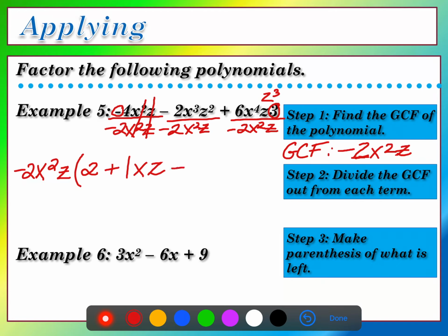Remember, I subtract, minus 3x squared z squared. Okay, and again, distribute your GCF back into the problem as a check to make sure that we factored this out correctly.